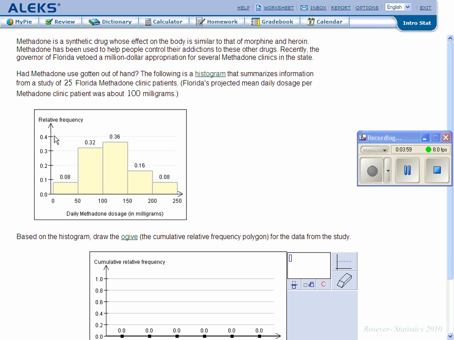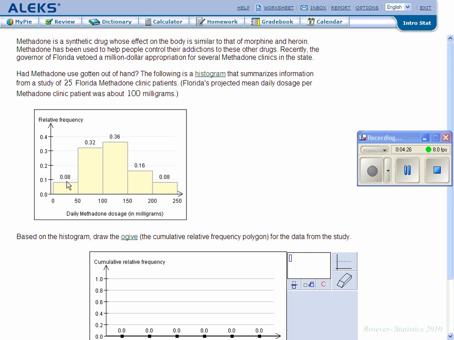So clearly, these are percents. When it says 0.08, that had a mean dosage of 0 to 50. It's not 0.08%, but 8% of 25. 8% of 25 is 2 people out of the 25 surveyed who fell into this class.